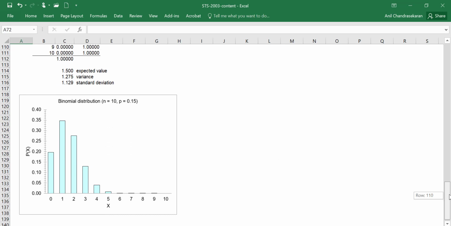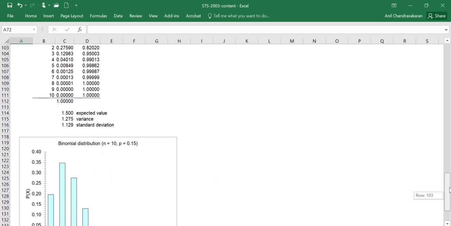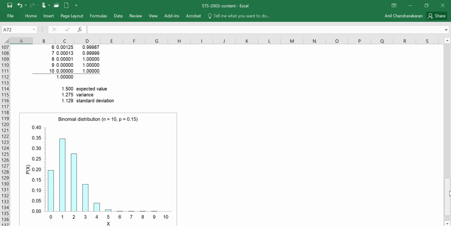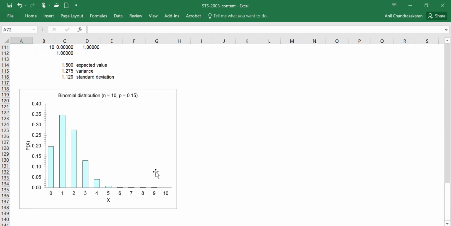Same way, when you start increasing, instead of 0.15, try putting 0.85. The graph will move towards the right. Okay. So depending on the value of pi, for a fixed value of n, the graph will move left and right. If you try it for 0.5, it will become more or less equal on both sides.